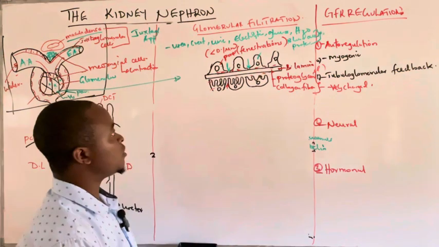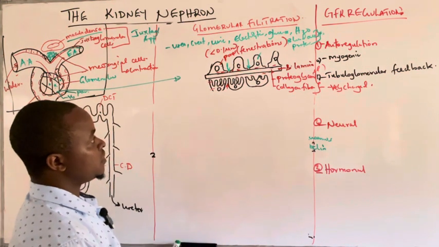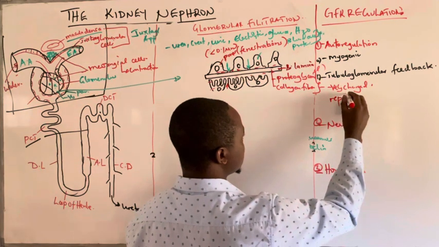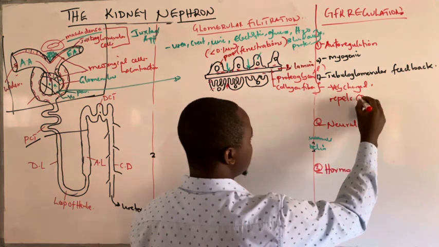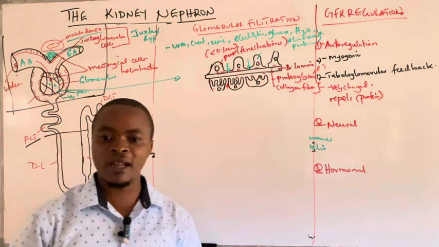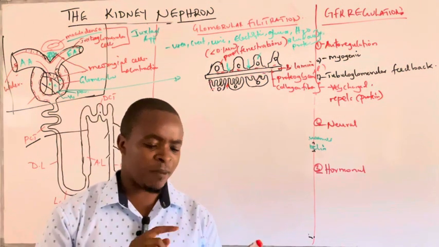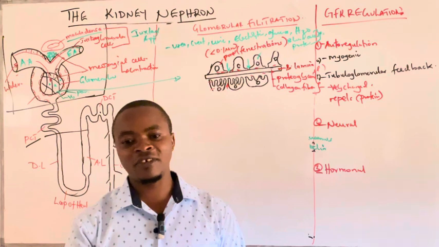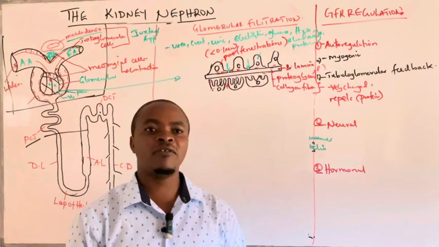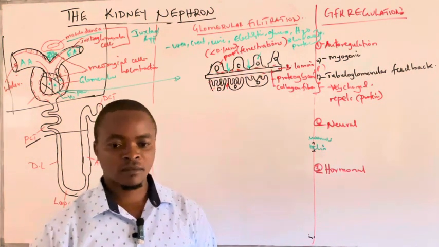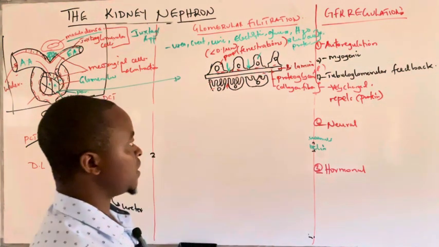So that's why we cannot find proteins in urine. So that is the importance of the basal lamina, which is made up of collagen fiber and proteoglycans, and it is negatively charged. So negatively charged substances like proteins are not allowed to pass through the glomerulus.